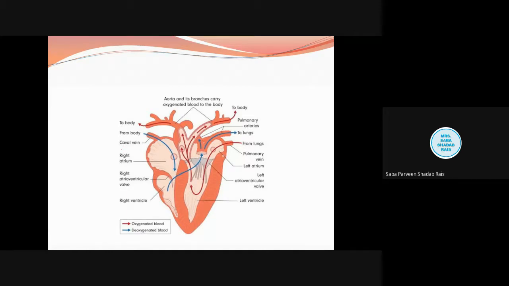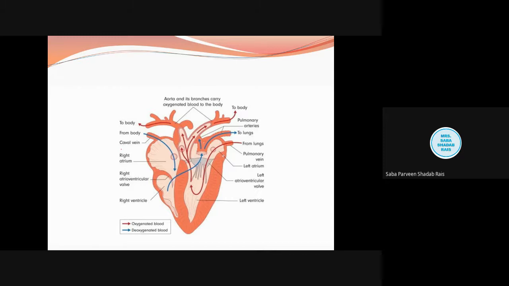So this advancement came in this particular class, and this ventricular septum is now muscular, a very thick walled septum which properly separates the right ventricle from the left ventricle.